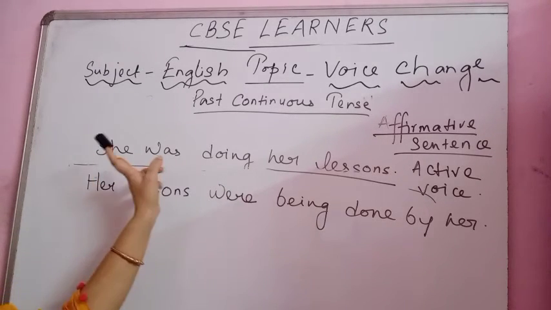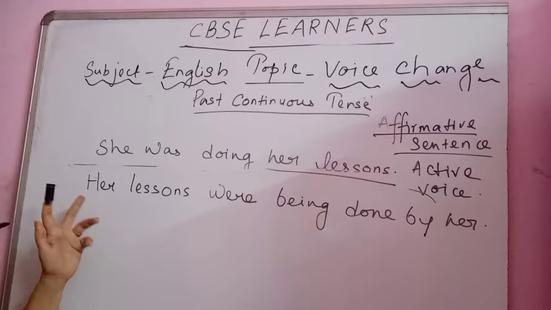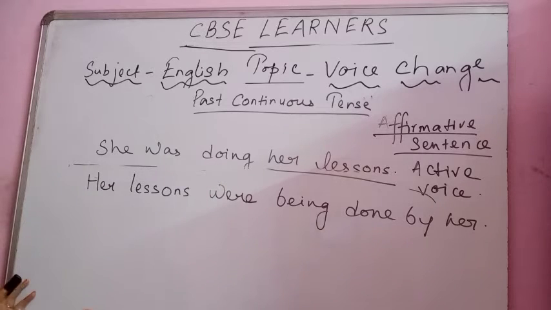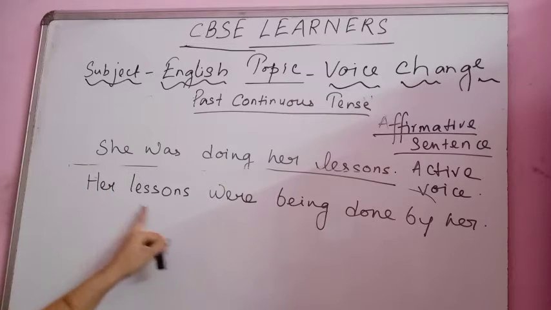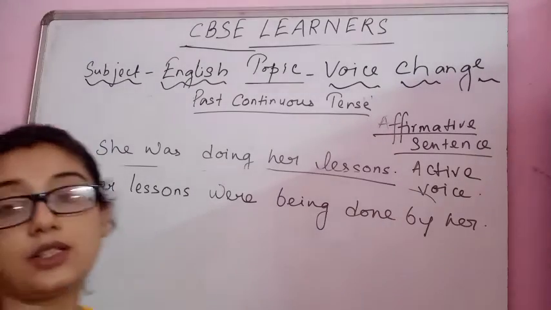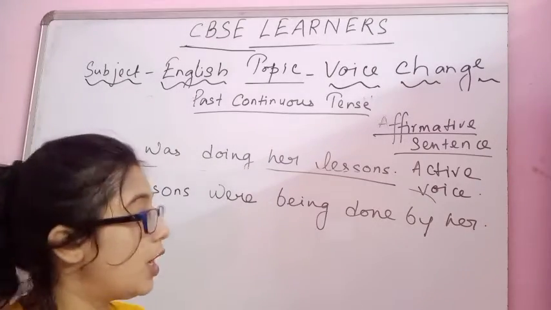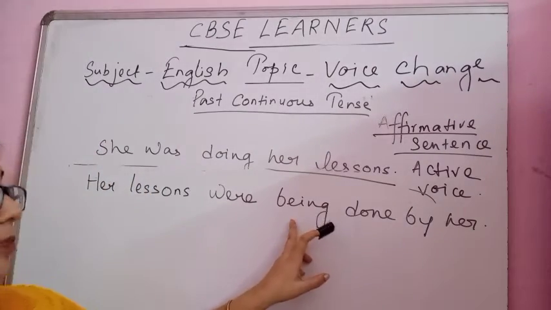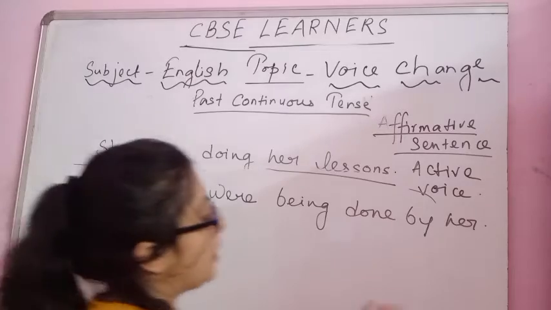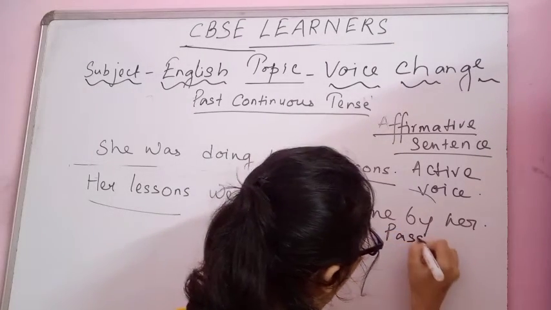We have used the possessive form of the pronoun she, which is her, and her lessons we have brought in focus. So her lessons were being done by her. We know in case of passive voice, we'll be using the past participle form of a verb. So we are using being, being done by her. Here the focus is on her lessons, so it is in passive voice.